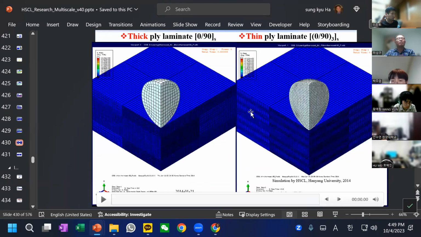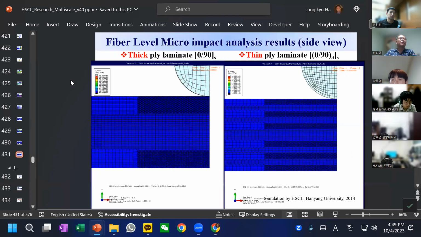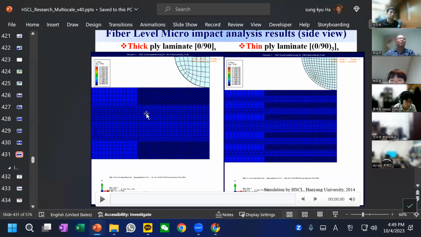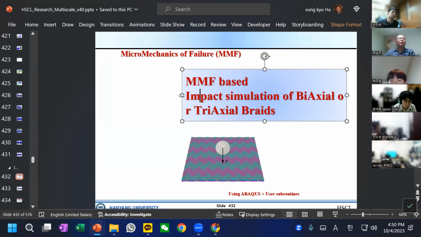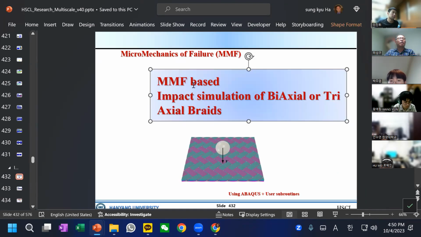So it takes several days to simulate that one. We can be crazy sometimes, but anyhow, in reality, we can simulate with some special methodology.